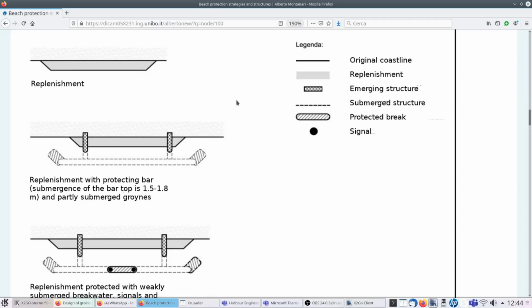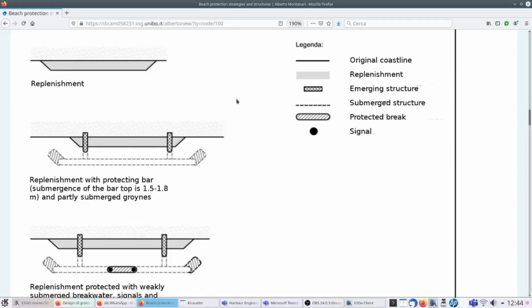It's another form of protection because the bar frequently induces the breaking of waves. If you bring seaward the breaking of waves, the impact of the energy and the forcing of broken waves on the beach is mitigated.